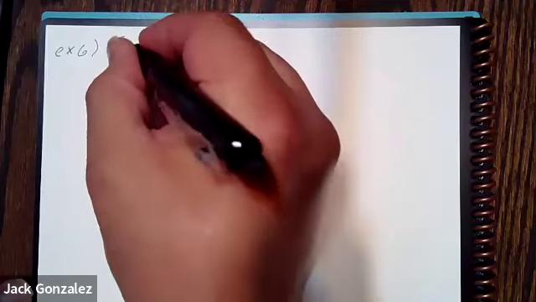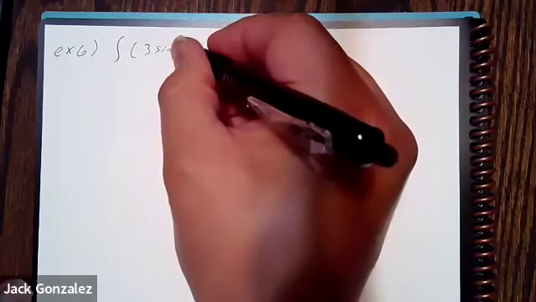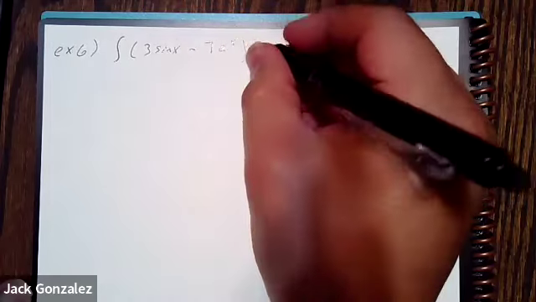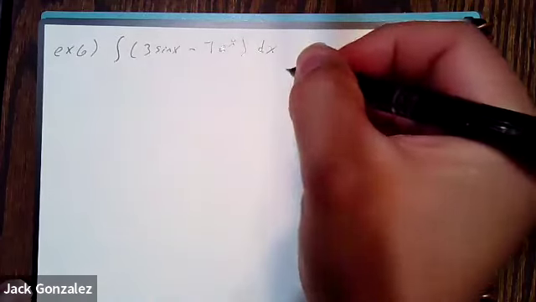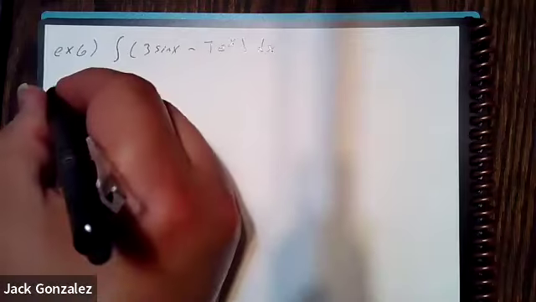So the integral of 3 sine x minus 7 e to the x dx. So what should we do first?